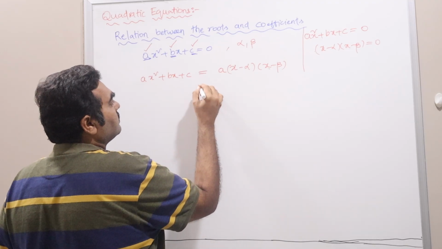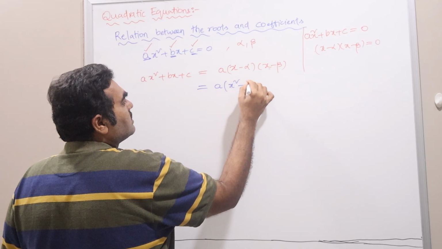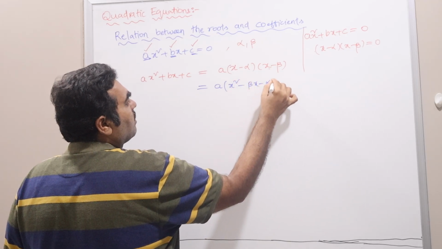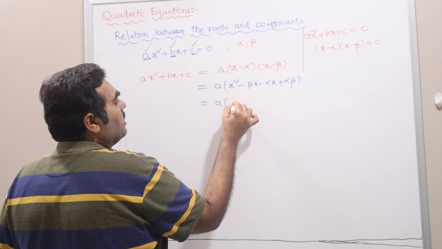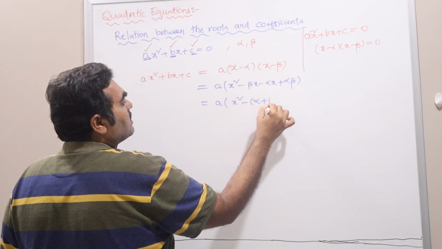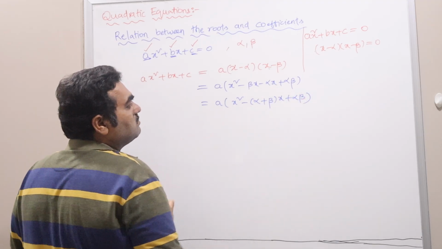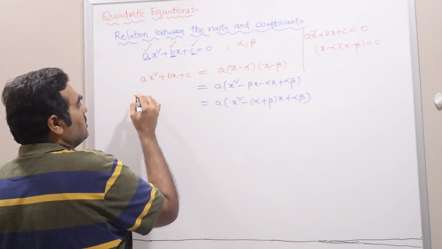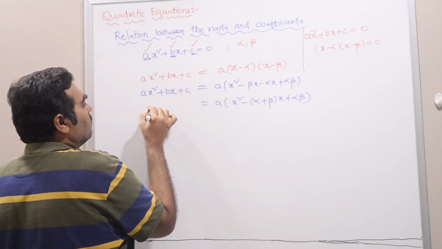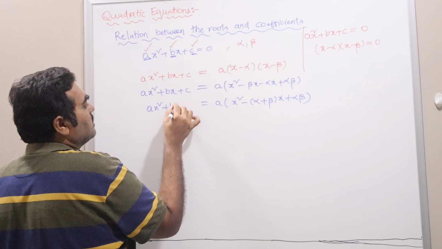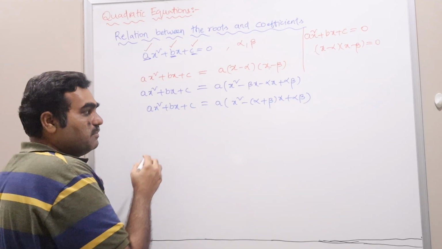Now let us see the relation. I am expanding this. This is equal to A into x square minus beta x minus alpha x plus alpha beta. This is equal to A into x square minus alpha plus beta of x plus alpha beta. I have taken x common here. I hope you understood. So this is equal to ax square plus bx plus c. Now let me take a common on the left hand side.